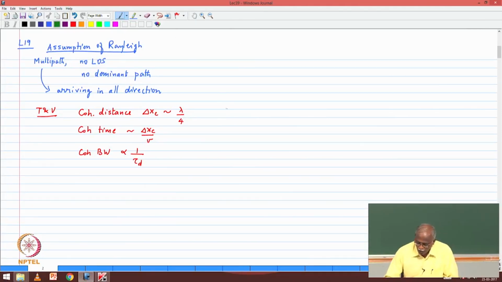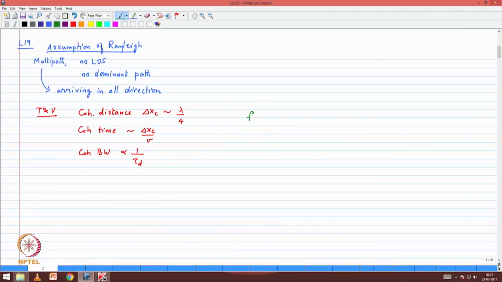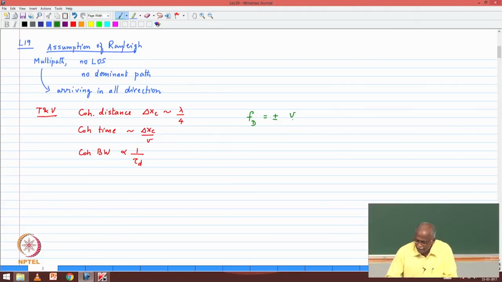The presence of Doppler is an important element in our understanding of wireless channels. The Doppler frequency can be positive or negative. The maximum possible is proportional to V divided by lambda. This is also written as V times Fc divided by c, writing lambda in terms of the carrier frequency, where c is the speed of light.